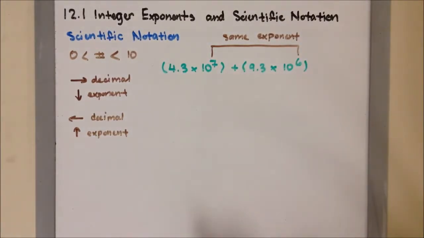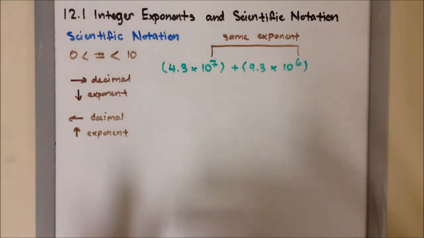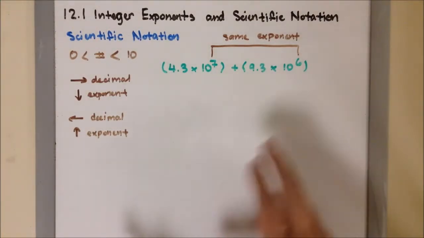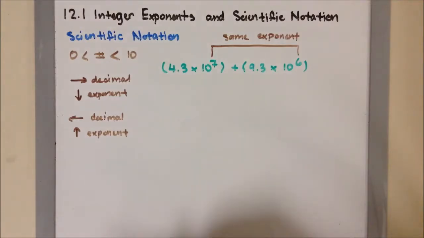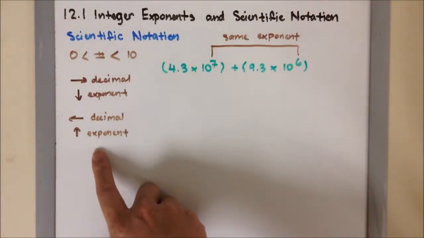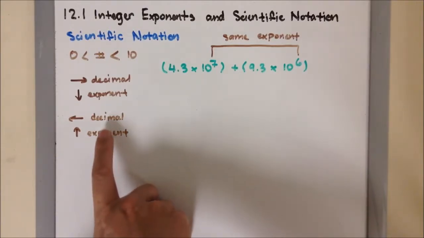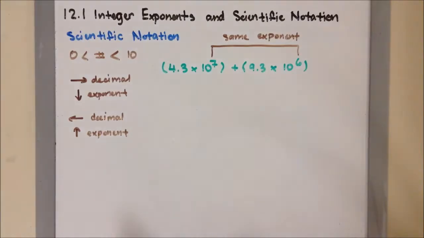In the case it is not, sometimes I would recommend that you work with the higher exponent. So that means we're going to make 6 become 7. In order to increase the exponent by 1, I have to move my decimal to the left.